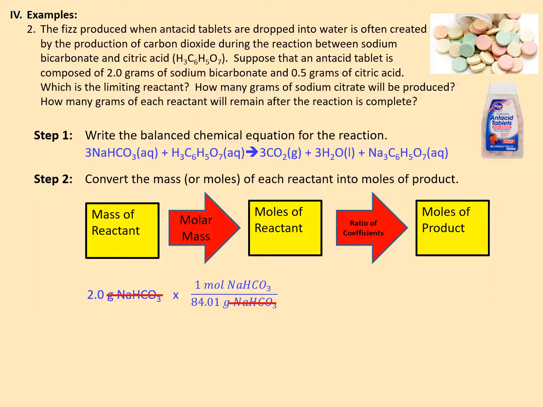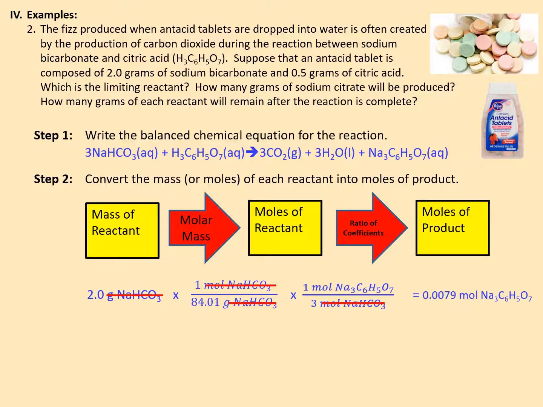The product that we're interested in here, it says how many grams of sodium citrate will be produced. So let's consider of our three products, let's work with sodium citrate. And we find out that for every 1 mole of sodium citrate produced, it requires 3 moles of sodium bicarbonate. We see that our unwanted units cancel out and we've converted everything into moles of product.